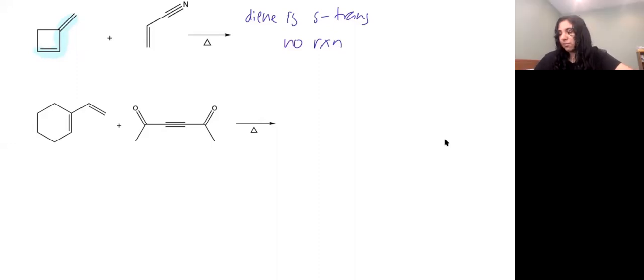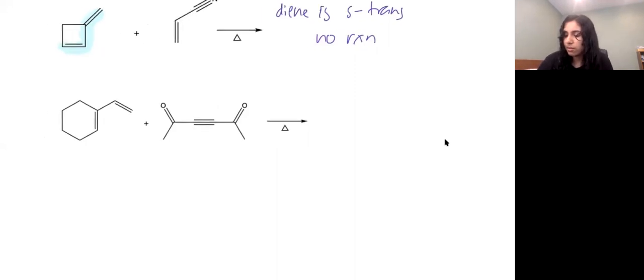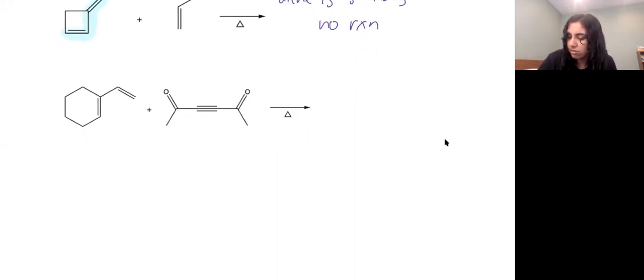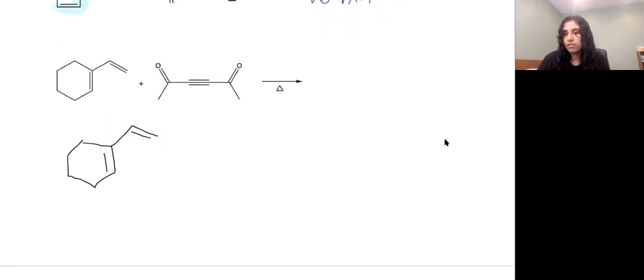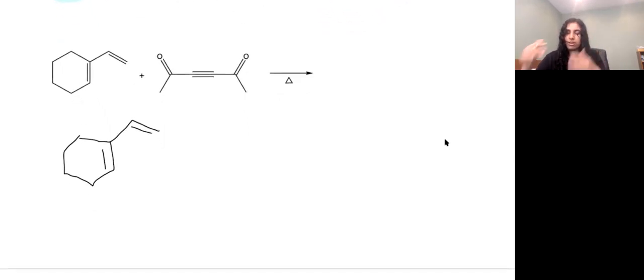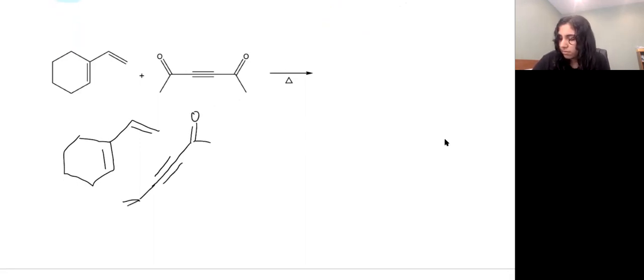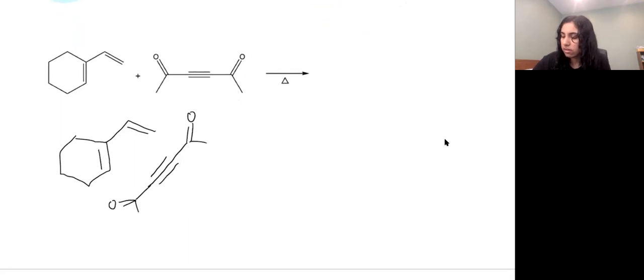So for this one, we do the exact same three-arrow mechanism for each Diels-Alder reaction. So I'm going to redraw this so it's easier to visualize. I like to have the diene and dienophile facing each other in the right configuration, just like this. So you have the diene, you have the dienophile, and now you just draw the arrows of the attack.